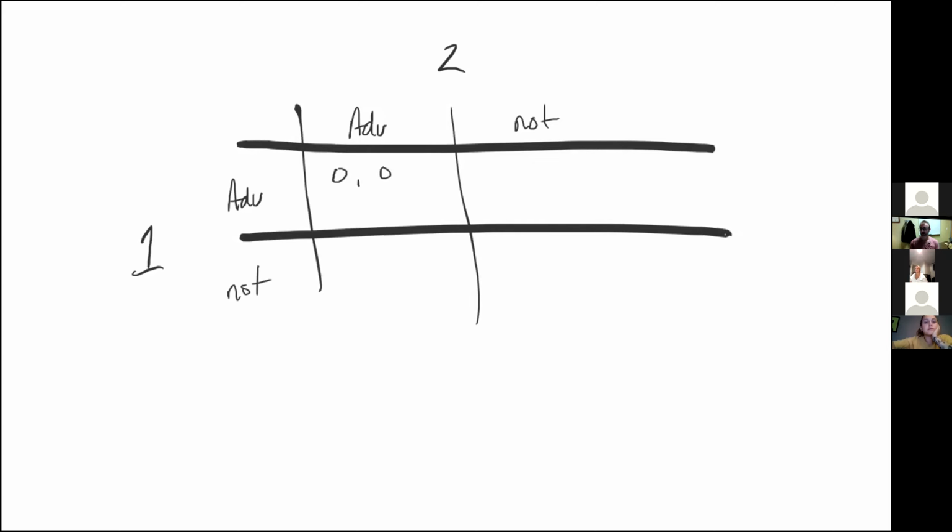Marlboro might lose 100,000 customers to Camel, but Camel is also going to lose about 100,000 smokers to Marlboro. And so they're both equally well off in terms of the number of customers. But advertising costs money, right?